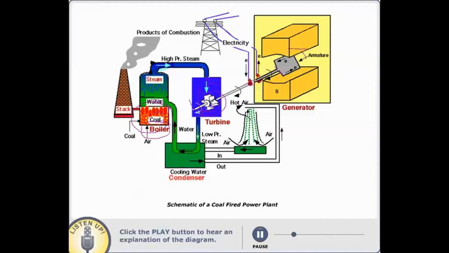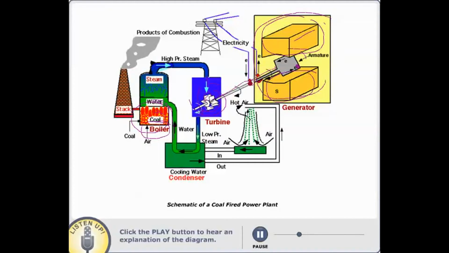When this turbine turns, it is hooked up to a generator. This generator is nothing but a magnetic field. That magnetic field is created by these poles, north and south, and these yellow ones are basically the magnets.